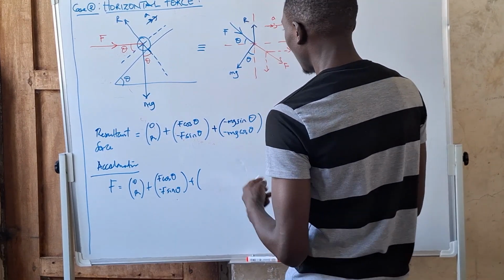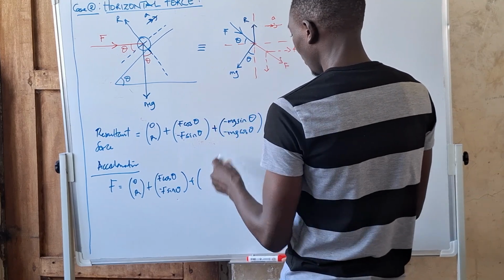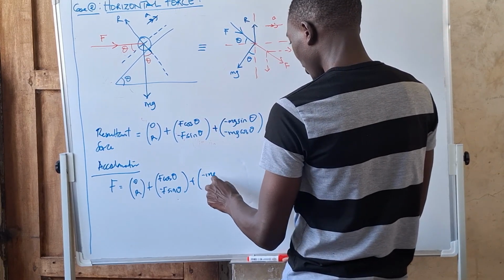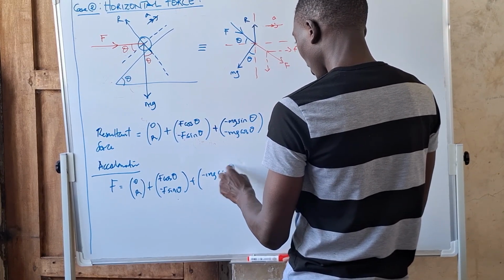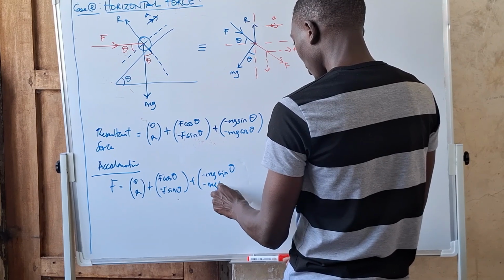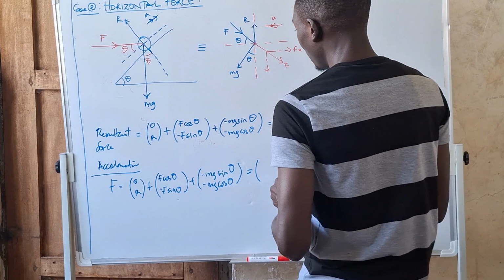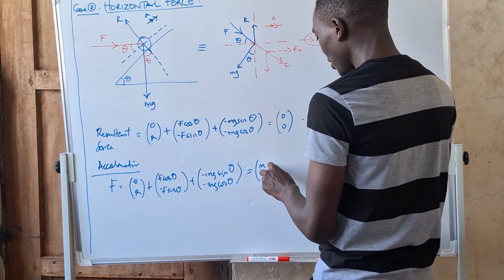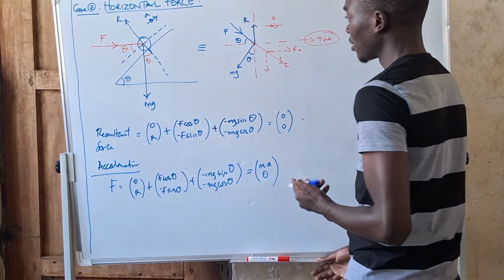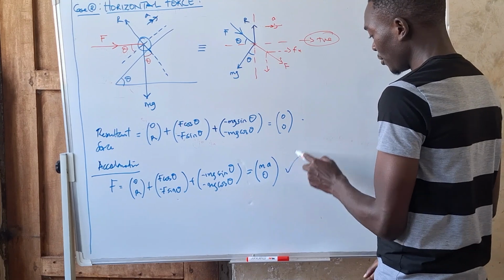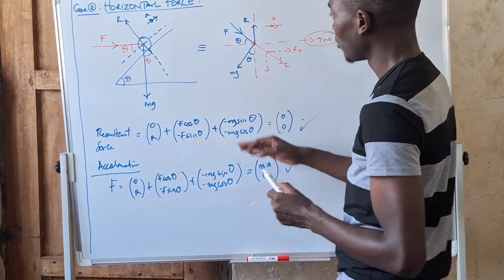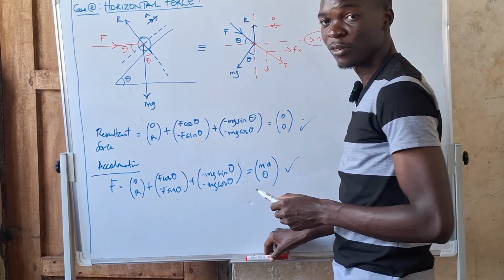Okay, plus this will not change, minus mg sin theta, and then minus mg cos theta. I get this now. I don't equate to 0, 0. I equate to m a, 0 because of the acceleration. And so this is what we have if we have a horizontal force acting on the body.